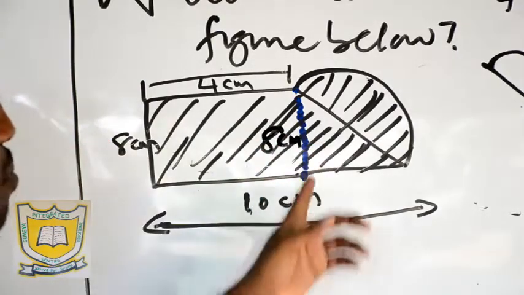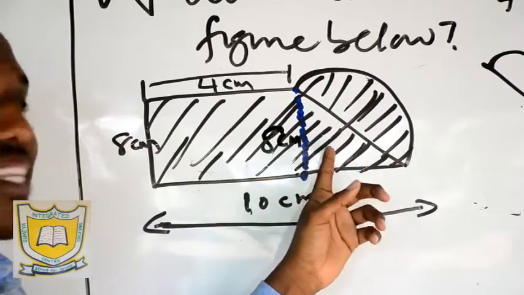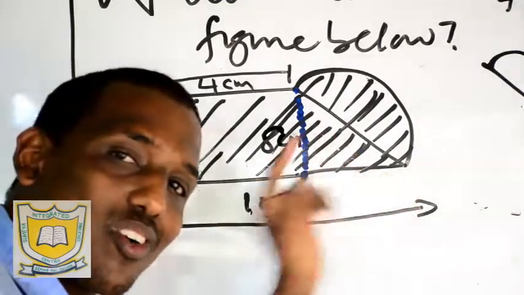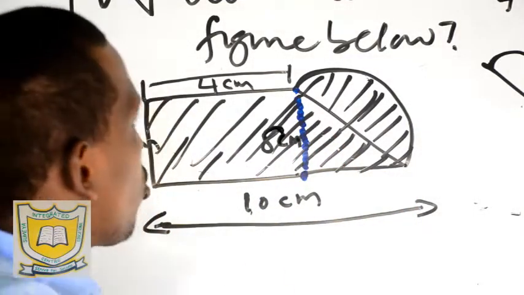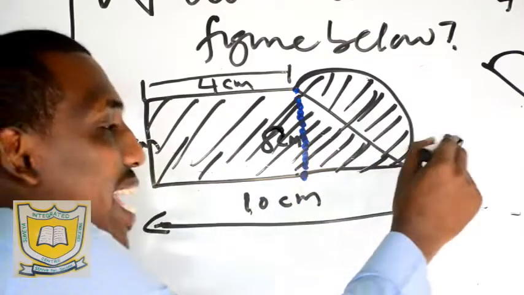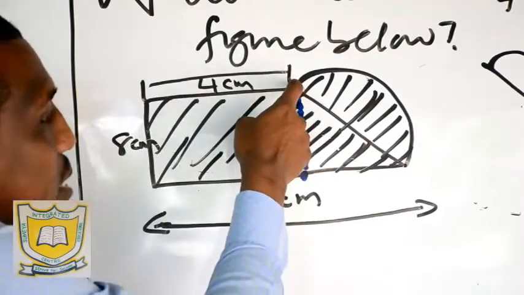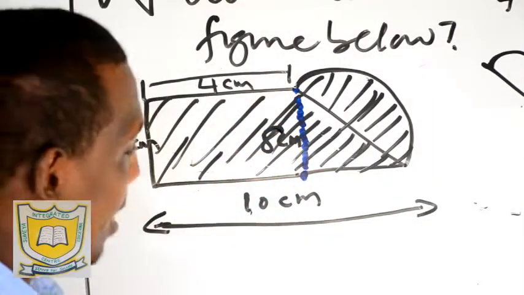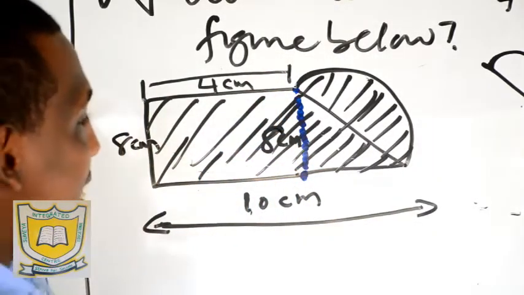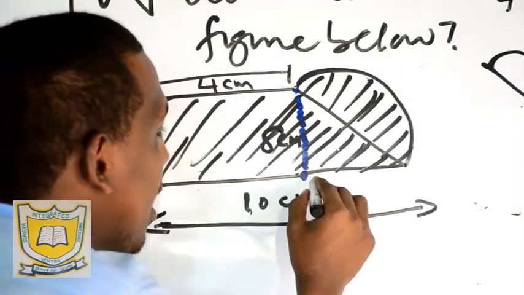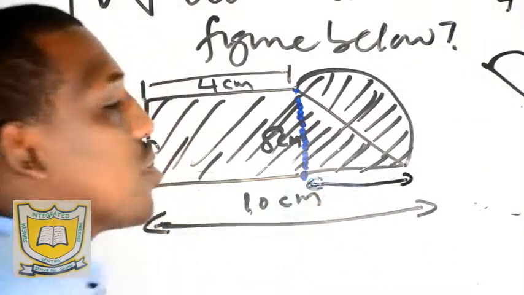Now, remember by dropping this line, we have formed a right angle triangle here. Now, from this point to the end is 10 centimeter. From here to here is 4 centimeter. Now, can we get the distance from here to here? Yes, we can.